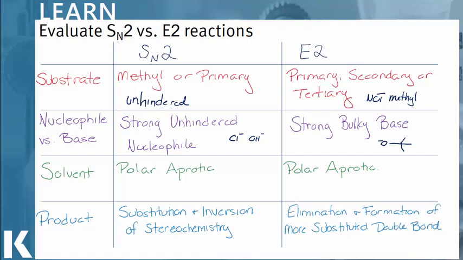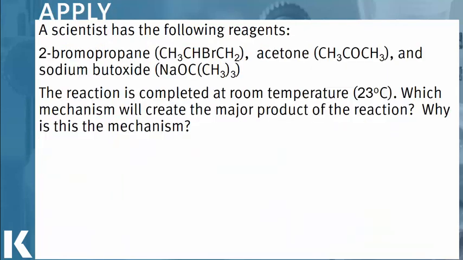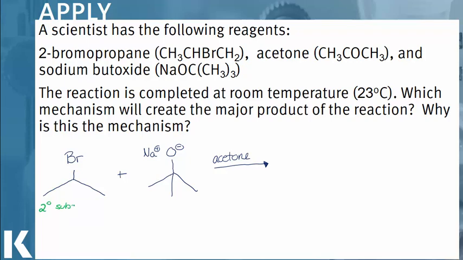So let's take a look at an example, and we're going to evaluate all of these factors as we look at it. So here we have a scientist with the following reagents, and let's just draw out our reaction pathway. So we have our substrate. This is a secondary substrate, so it's fairly hindered.